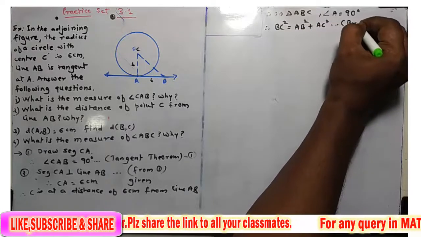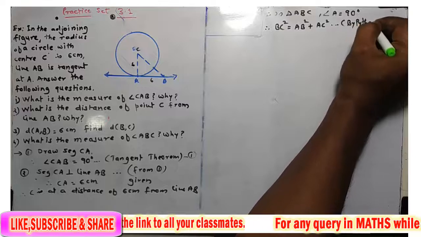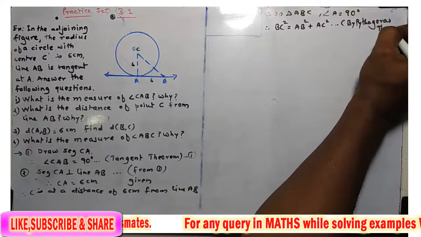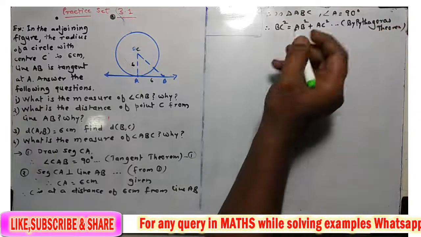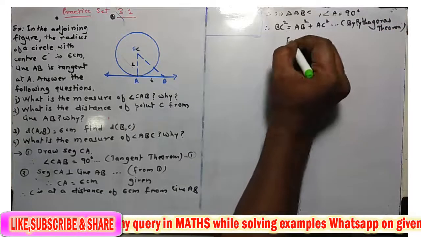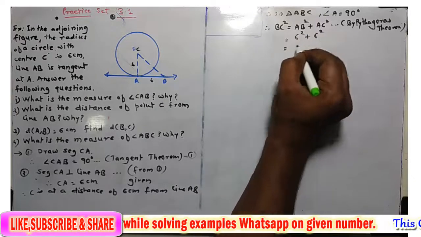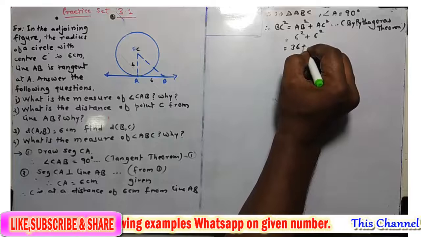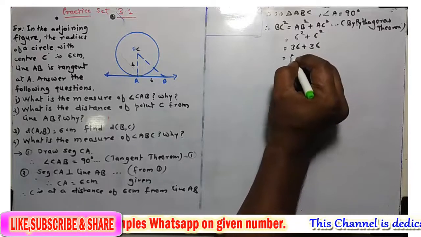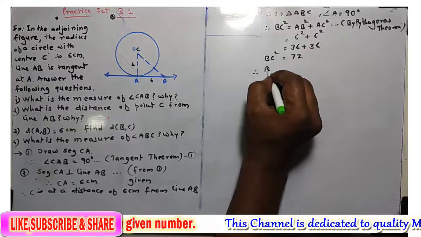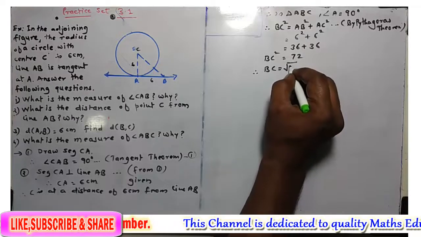Reason is by Pythagoras theorem. Okay. Now BC we have to find is equal to AB is 6 square plus 6 square is equal to 6 square is 36 plus 36 is equal to 72. This is the value for BC square, and therefore BC is equal to square root of 72.